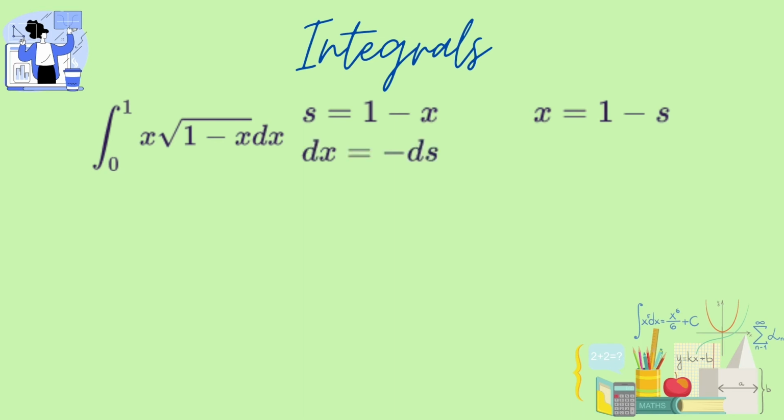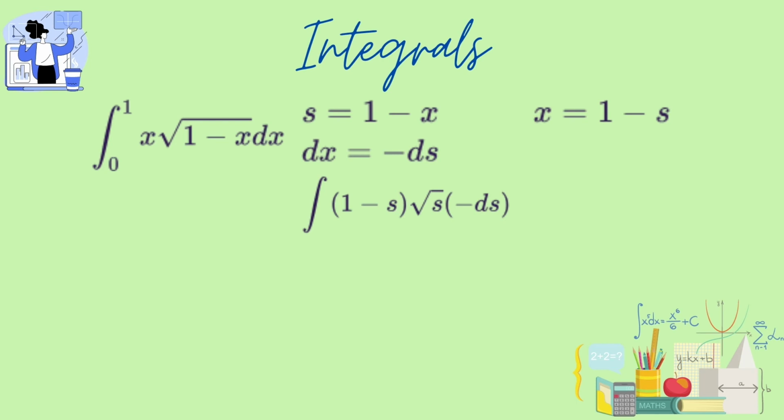With these representations, we find that dx is equal to negative ds. Expressing the original function in terms of s, we now find the antiderivative of the quantity 1 minus s times the square root of s times negative ds.